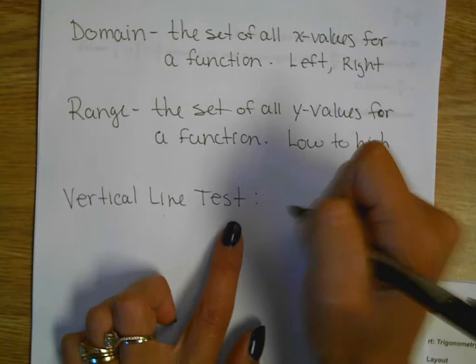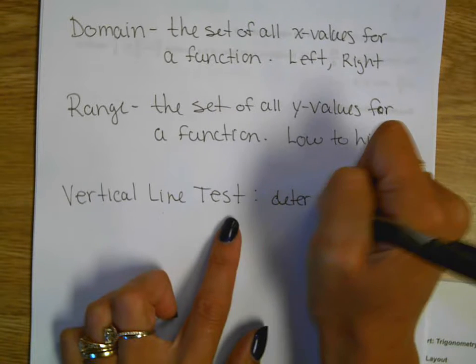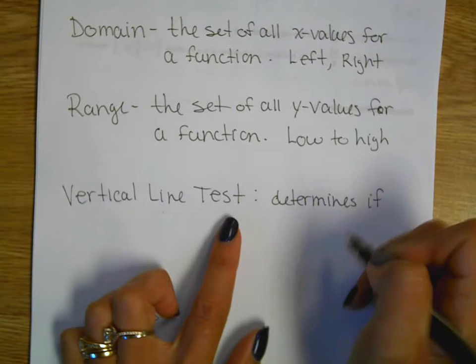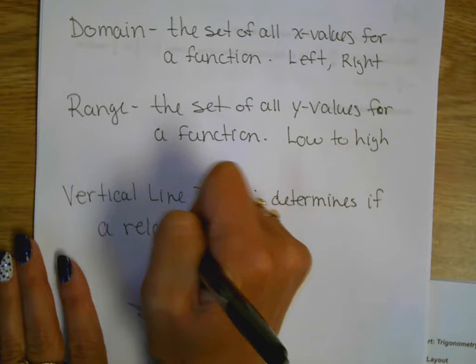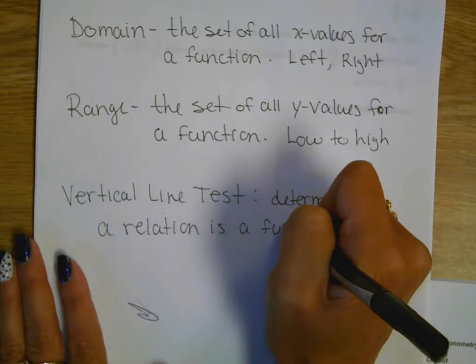So a vertical line test determines if a relation is a function.